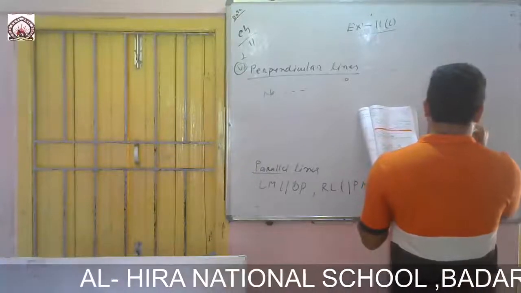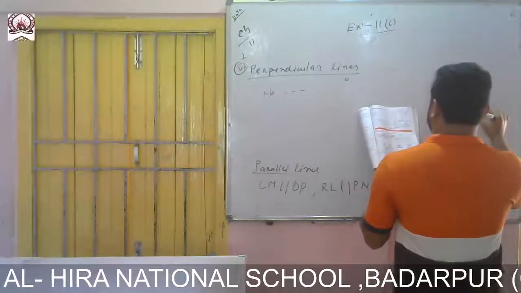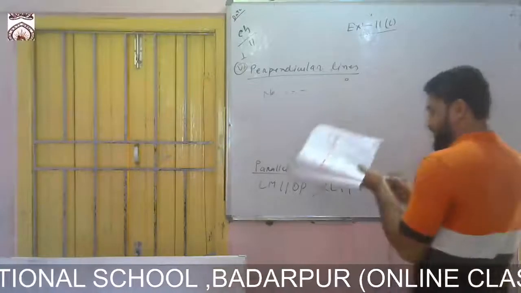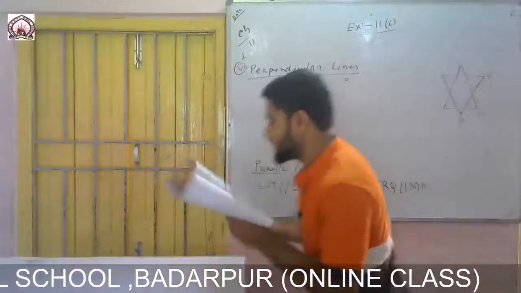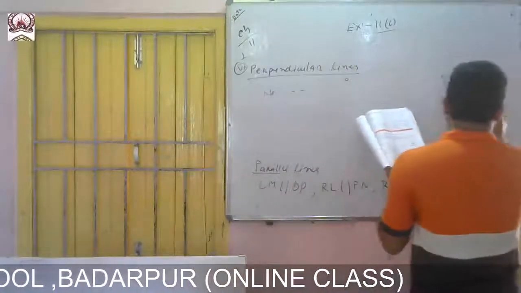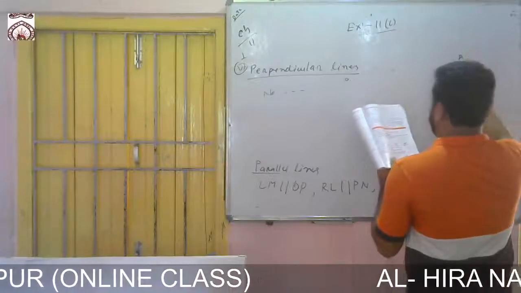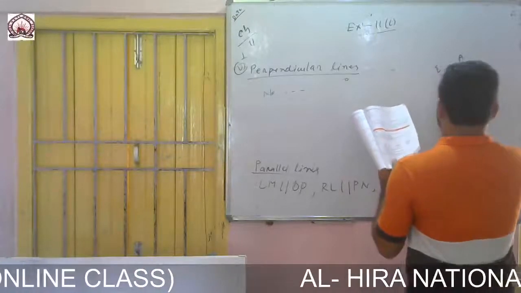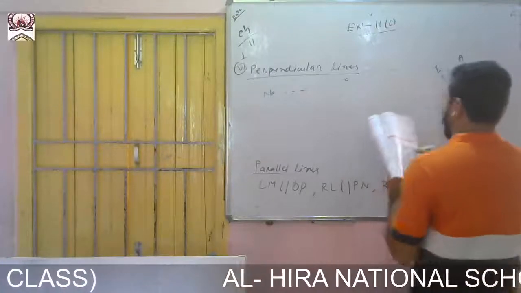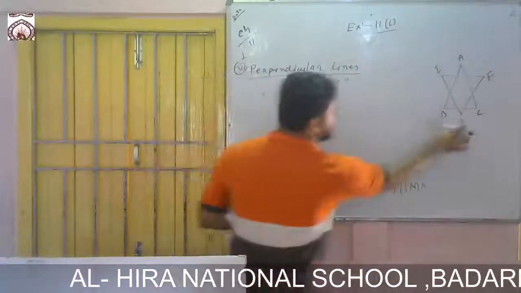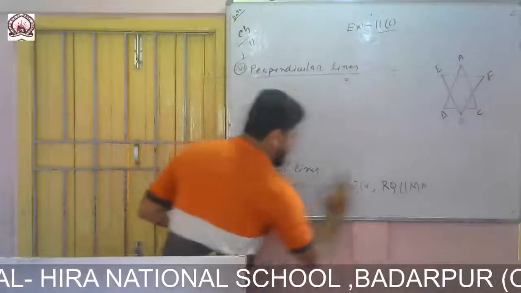D, C, F, then A, then E, then B. Okay, so first I can say BC is parallel to EF. So I can write this one.